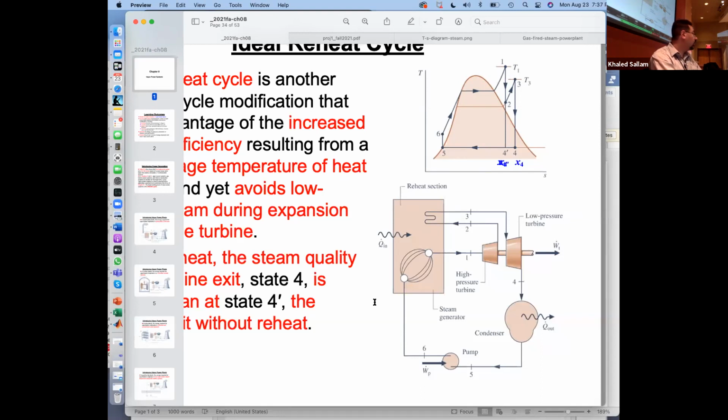B6 should be higher, of course, because of the pressure drop, but looking at that TS diagram and showing this line like this, what is that line? Constant pressure. That line is constant pressure. So he's saying it's ideal.